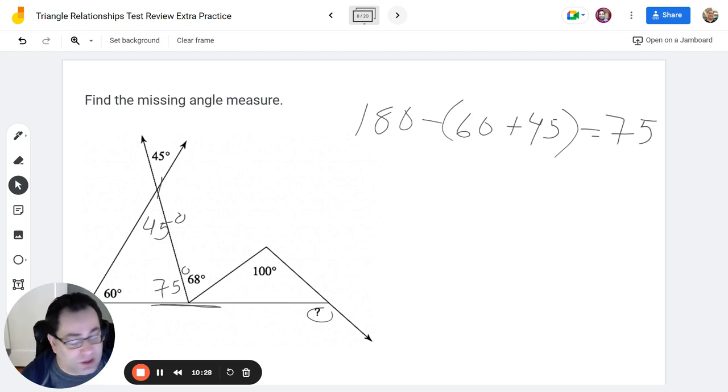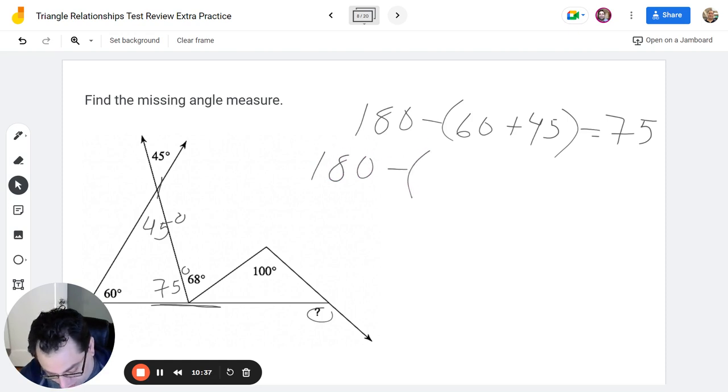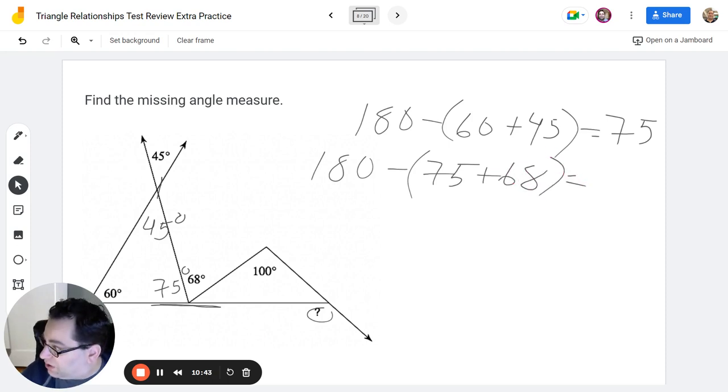So again, they're linear angles, so they also add to 180 degrees. So again, we can take 180 and subtract 75 plus 68. And this time we get 37 degrees.